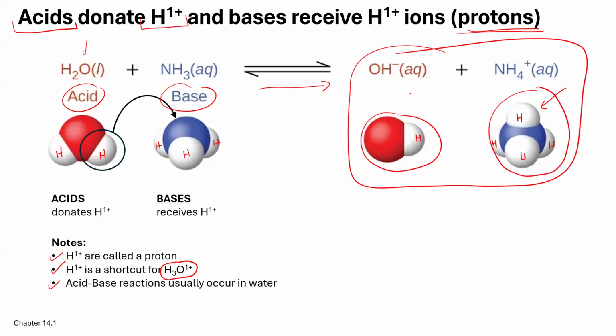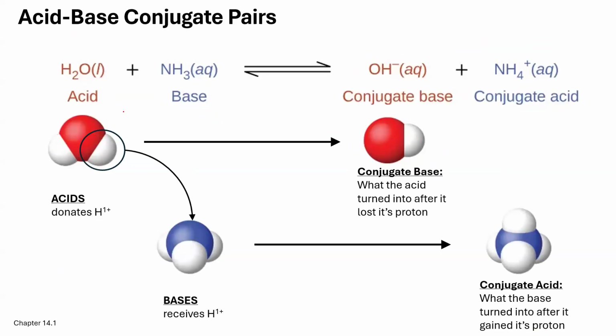You can see similarities, and these similarities are their relationships. This acid, this water, donated the proton to NH3. Now that acid is a conjugate base. After the reaction, see how this hydroxide and water are almost the same?